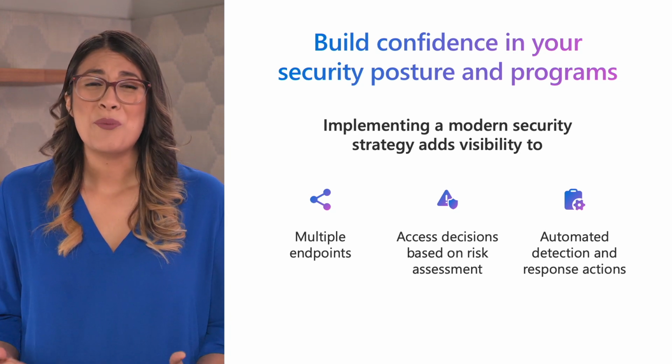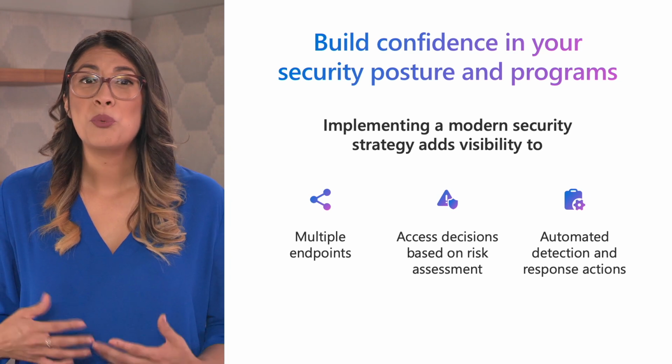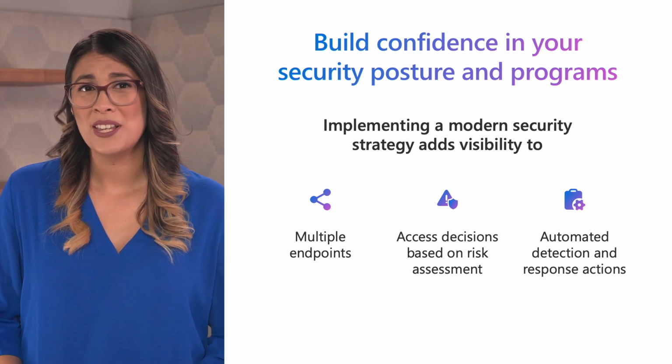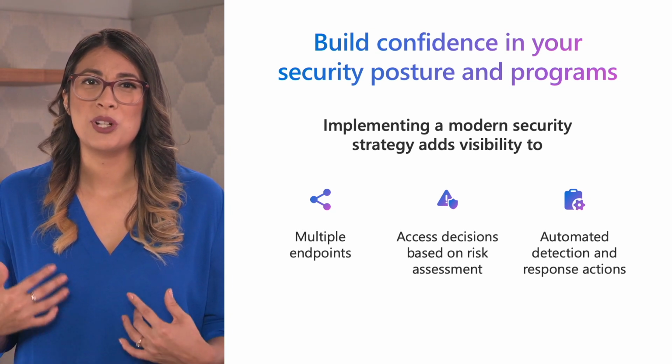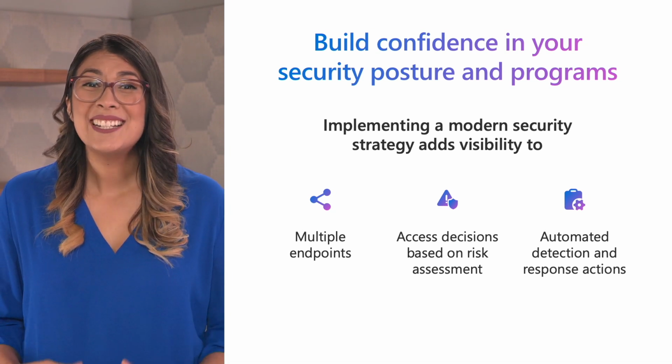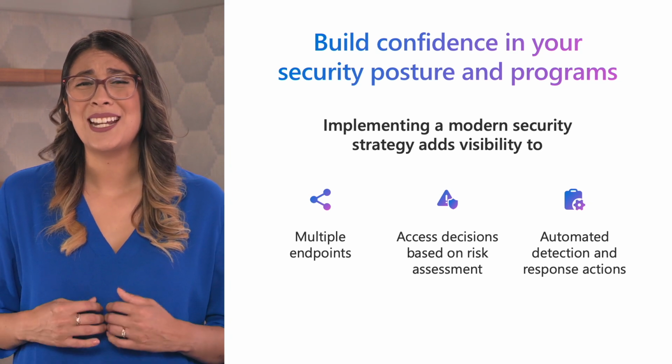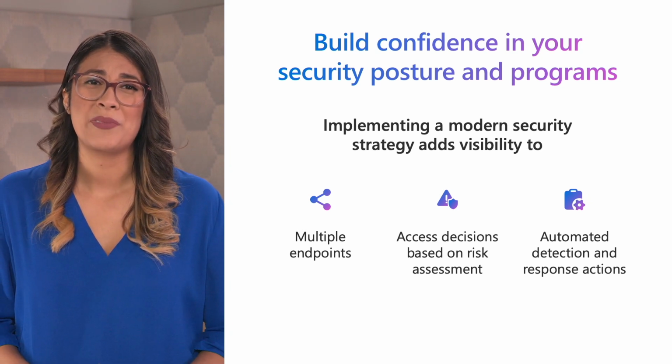So you can enable comprehensive security monitoring, risk-based access controls, and policy throughout your security infrastructure to focus on protecting critical assets and data in real time within a dynamic threat environment.